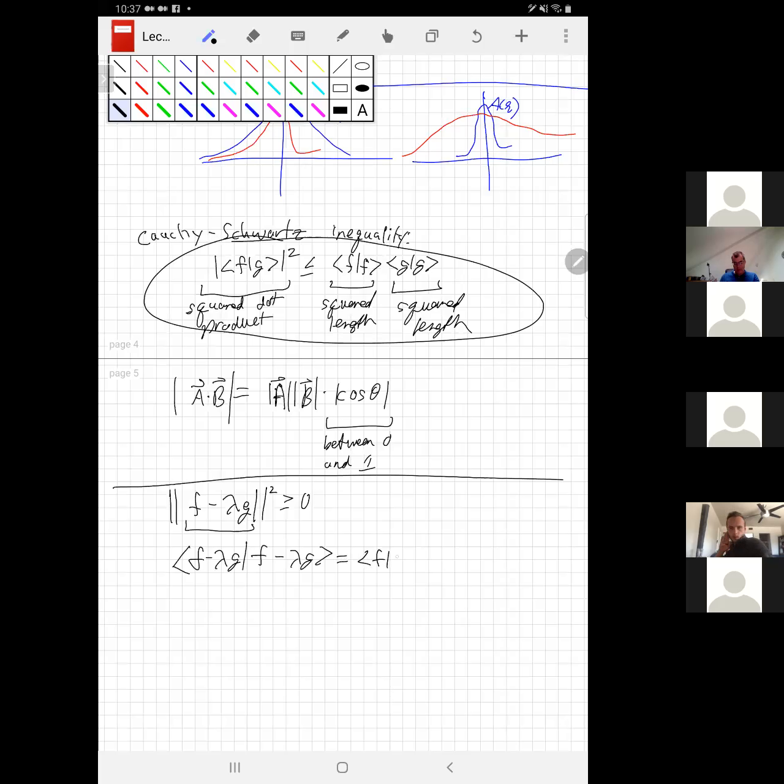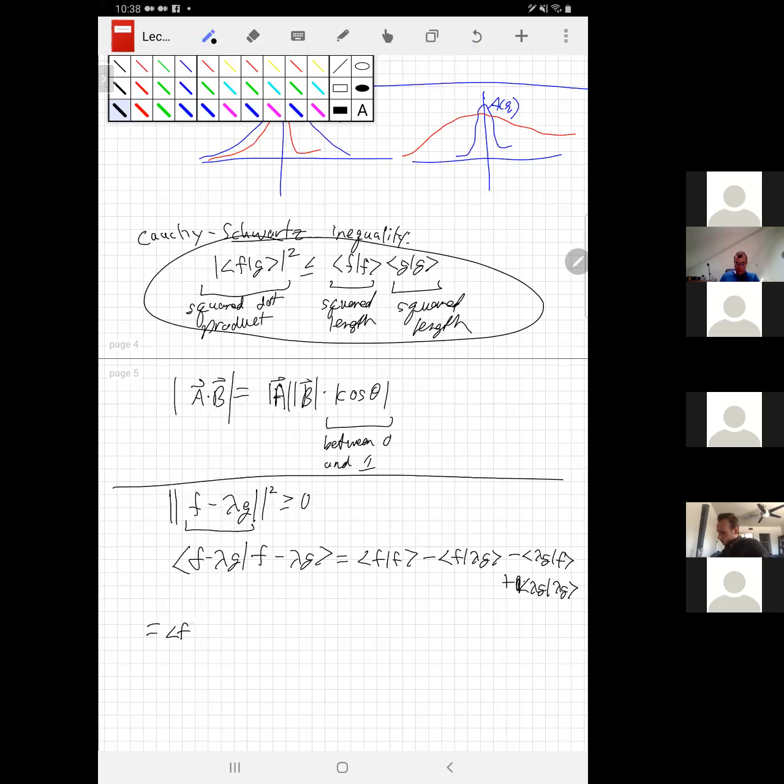That's going to be inner product of f with itself minus the inner product of f with lambda g minus the inner product of lambda g with f plus, well, I'll write it out explicitly, lambda g inner product lambda g.